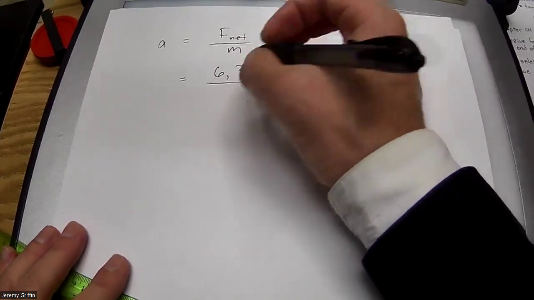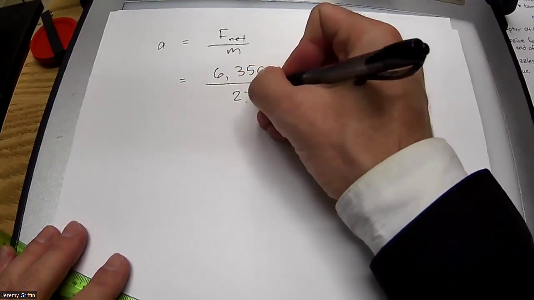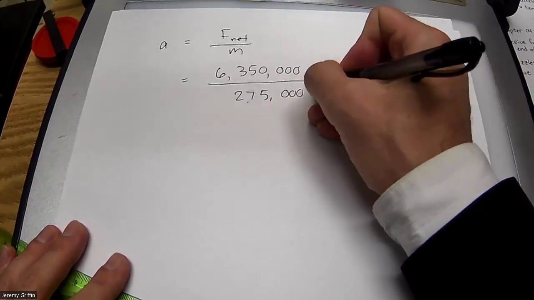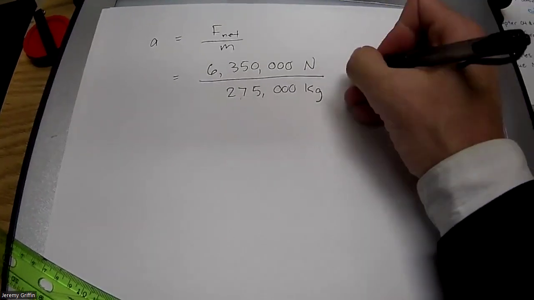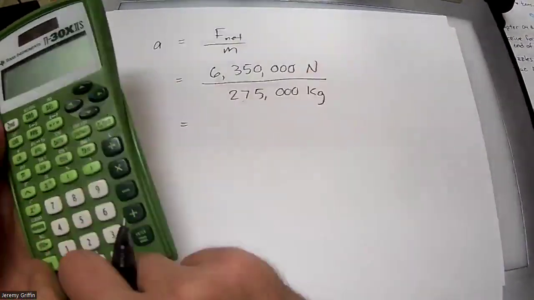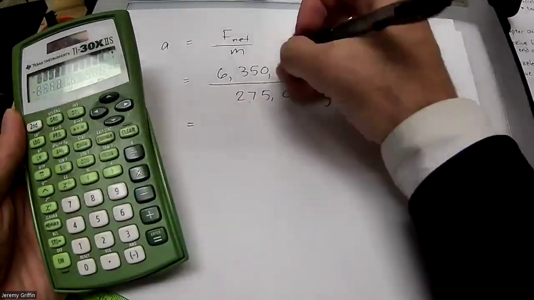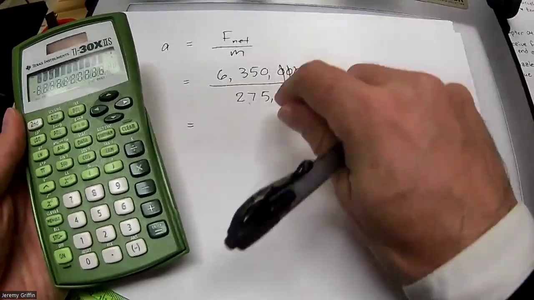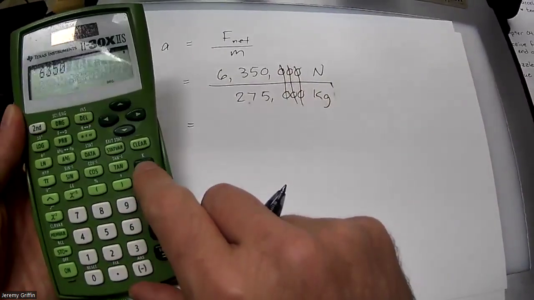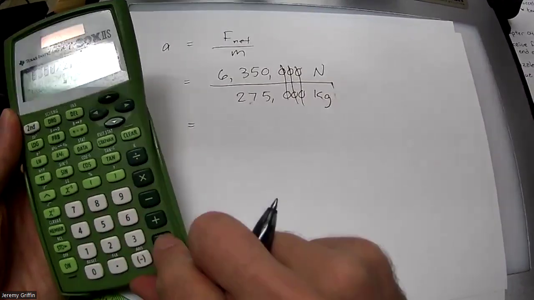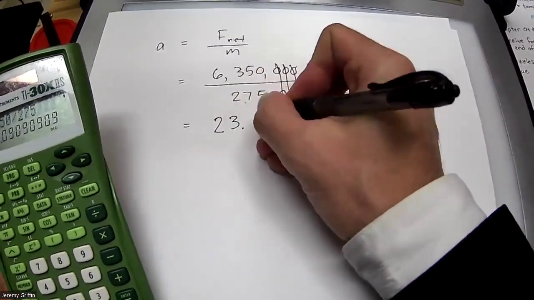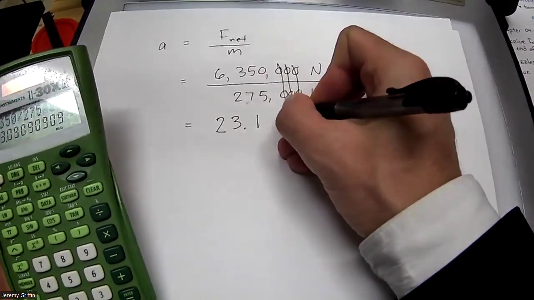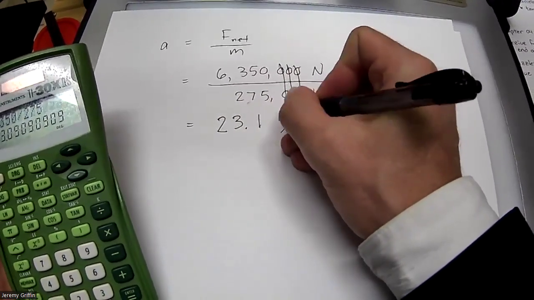It's acting on the mass of the plane, which is this many kilograms. Right? Let's get a value here. 635. Give myself a little calculator work. Okay. Looks like 23.09, 23.1 meters per second squared.